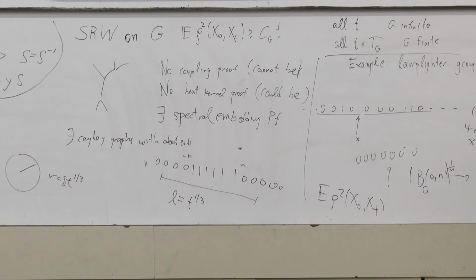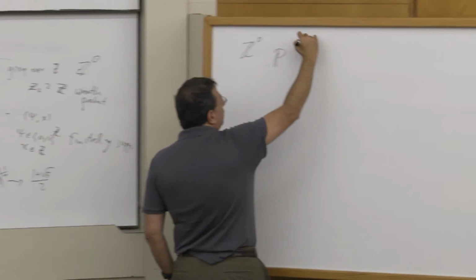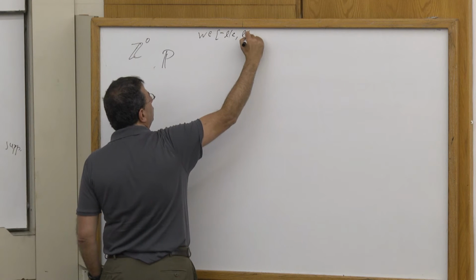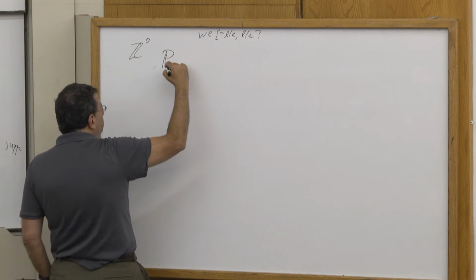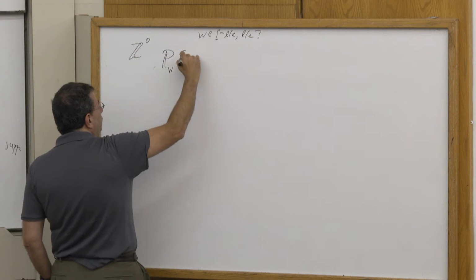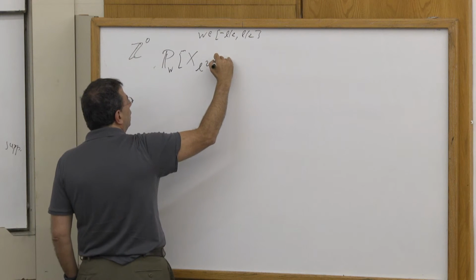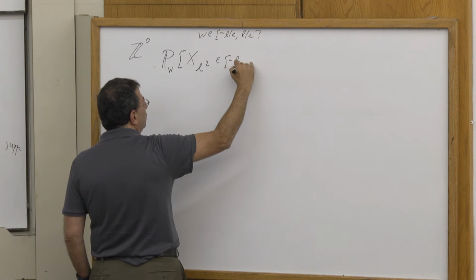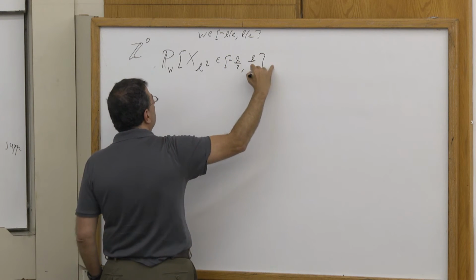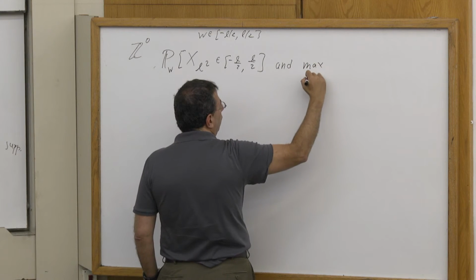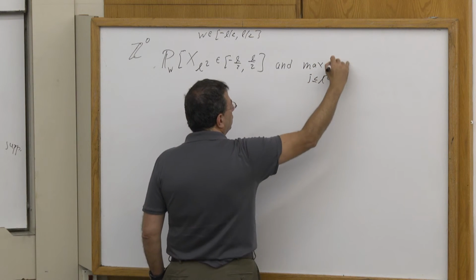So on the lamplighter group, starting from any W which is in minus L over 2, L over 2, consider the probability that at time L squared the walk is again in minus L over 2, L over 2, and the max over all times j less than L squared of xj.